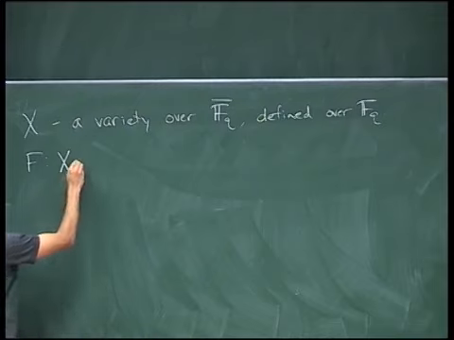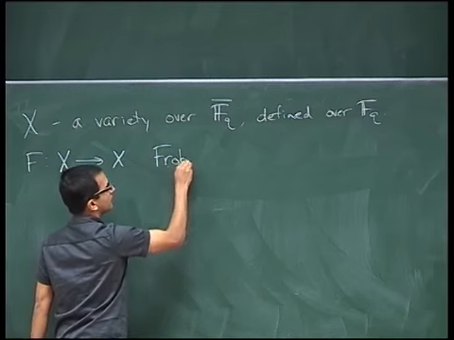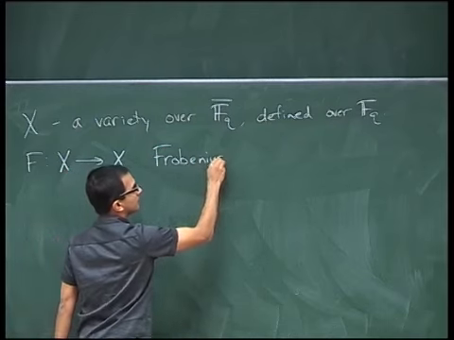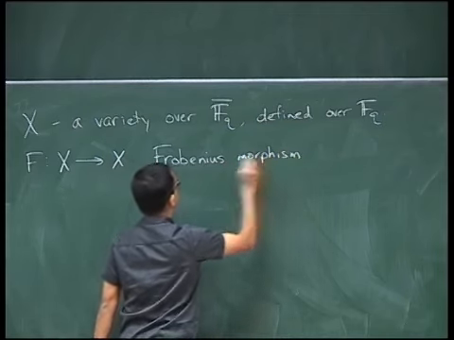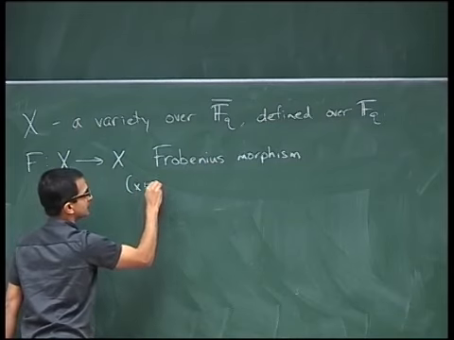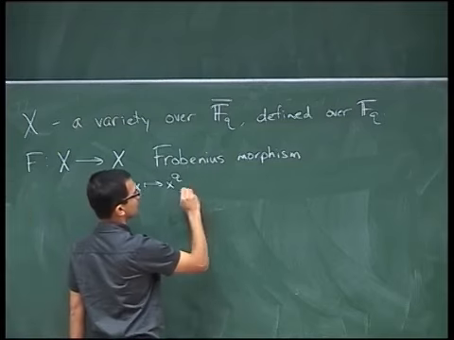So you get those from the Frobenius morphism, which is the map that raises all coordinates to their q-th power.